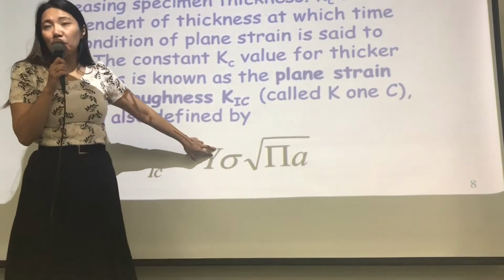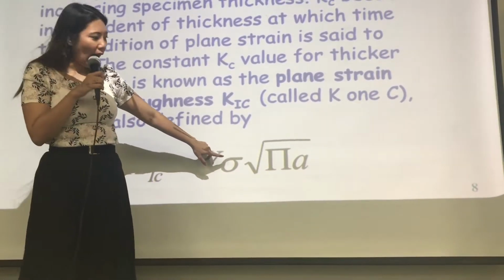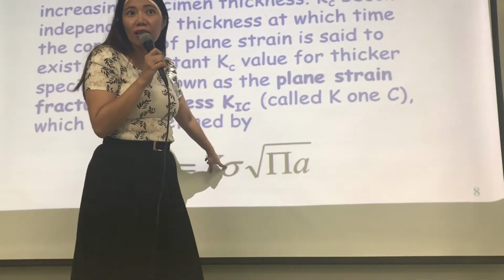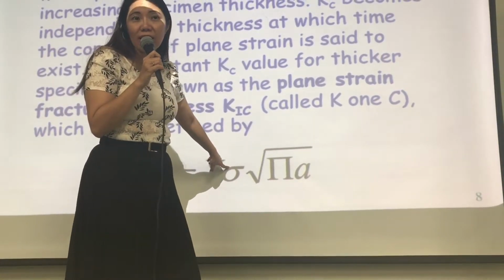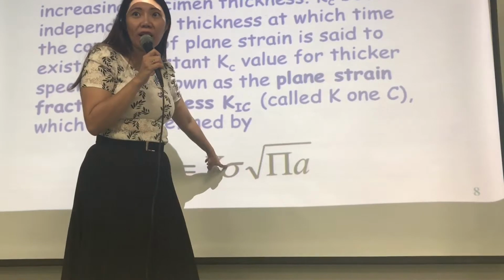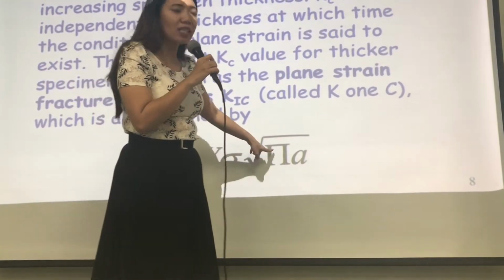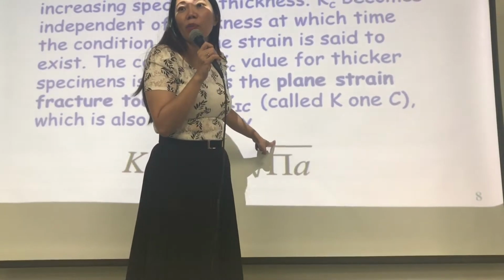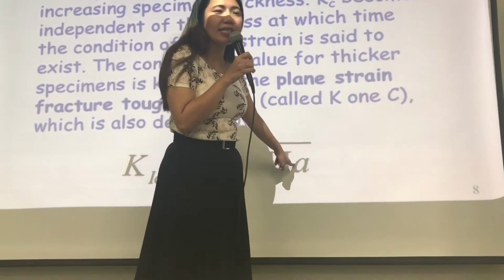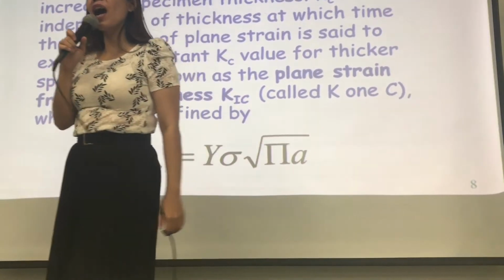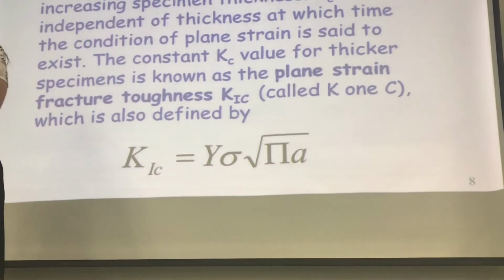Y is a parameter close to 1. This is the stress, the maximum stress that the material can bear. This is the square root, and this is pi, which is 3.14. And this a is the size of the crack.